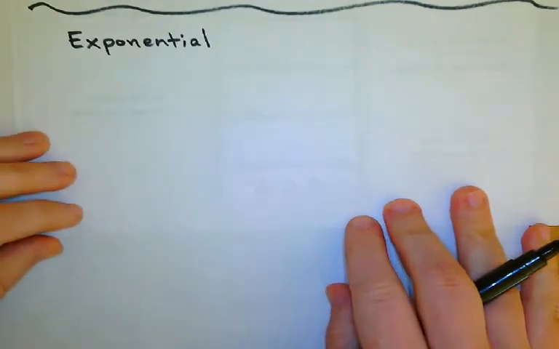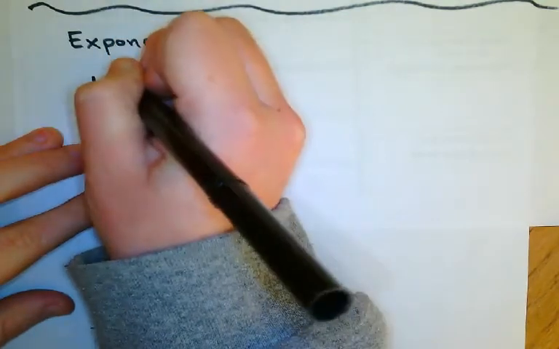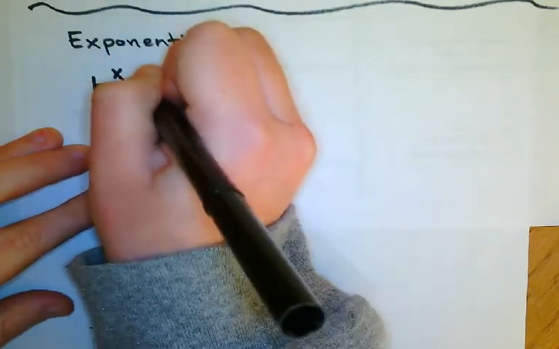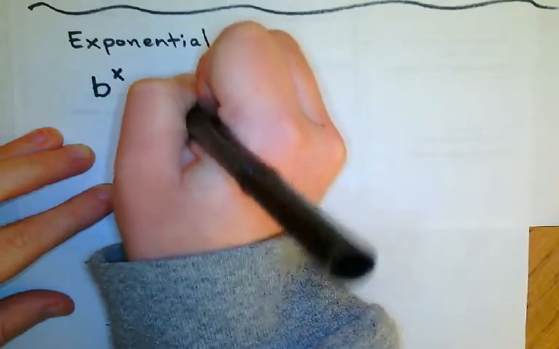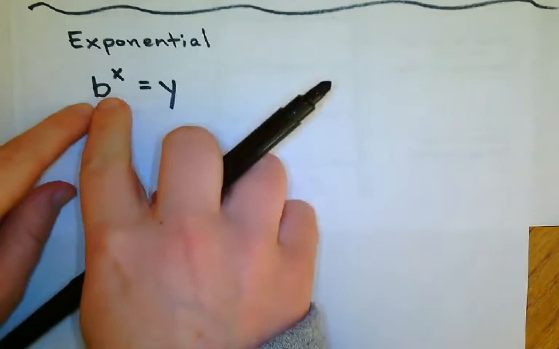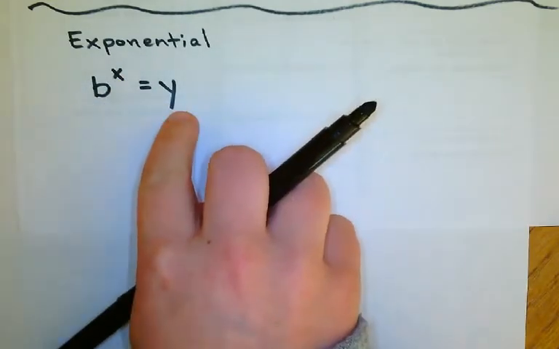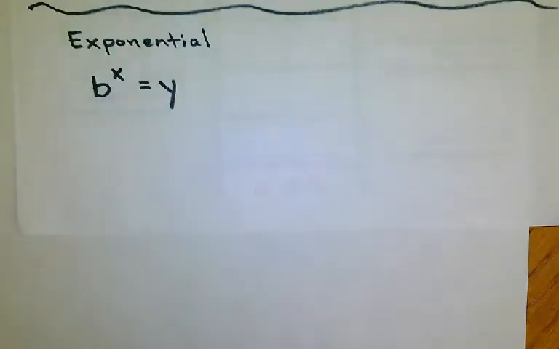The basic outline of an exponential function is some number to a power equal to your answer, right? That's a typical exponential equation. That's your base, there's your power, and there's your answer to this exponential function.